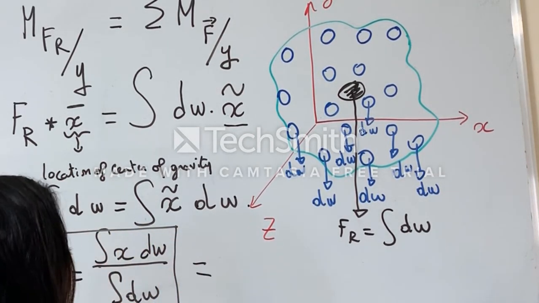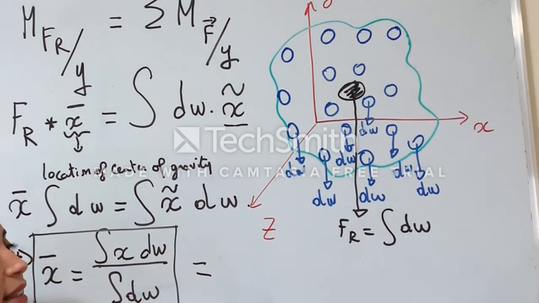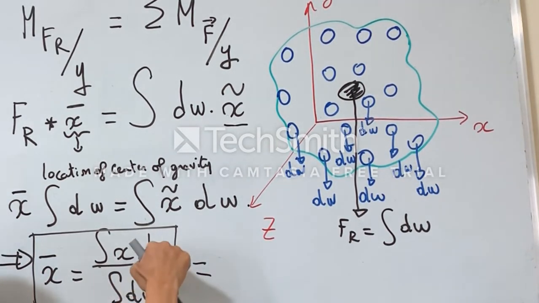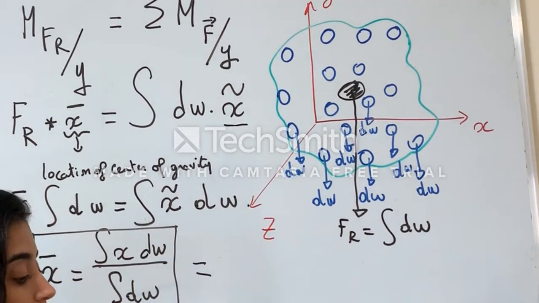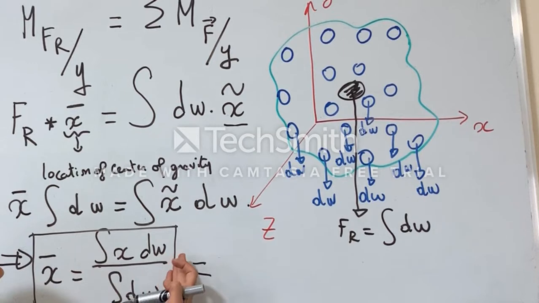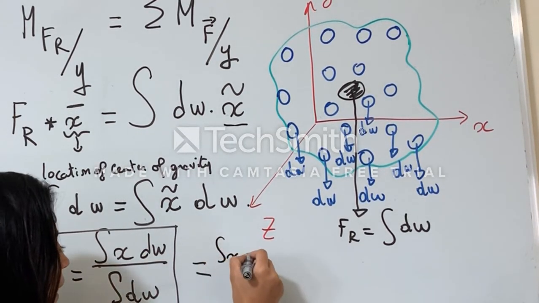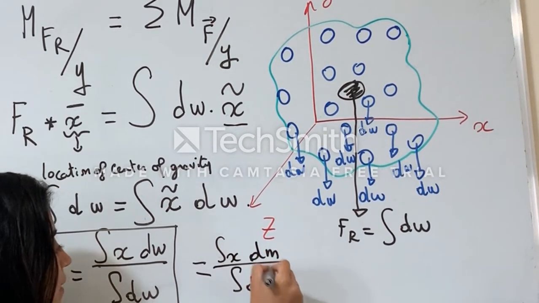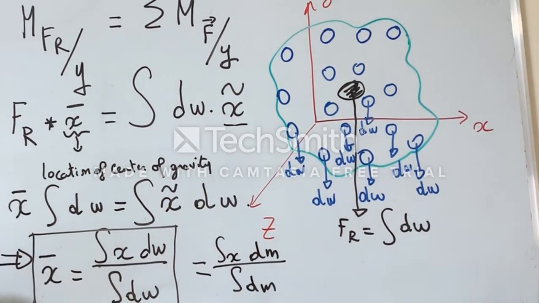Now, guys, I know that the weight is equal to the mass times gravity. And I know that the gravity is constant, so I can remove it from the integration. So if I replace dw here by dm times gravity, and then I take this gravity away from the integration, then what I will have is x dm over dm, since I can simplify by the gravity.